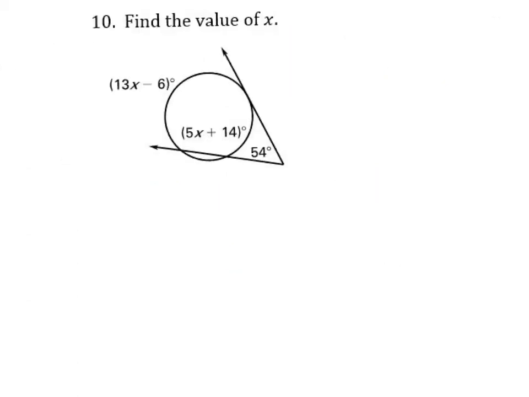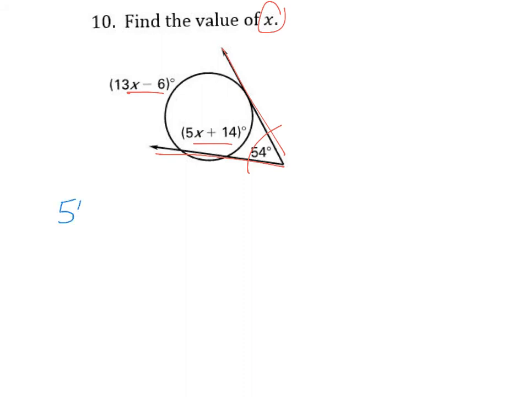The last couple examples get a little bit more complicated because the expressions they're giving me for my arc measures are a little bit more than just x. So I'm trying to solve for x for these. They do give me 54 degrees. It's an angle outside of the circle formed by a secant and a tangent. So I'm going to stick to the theorem that they told me earlier.